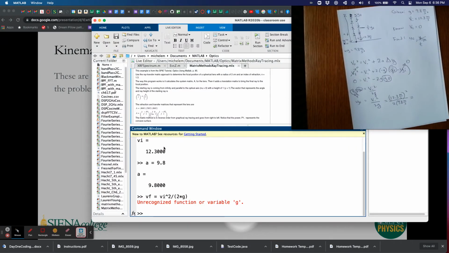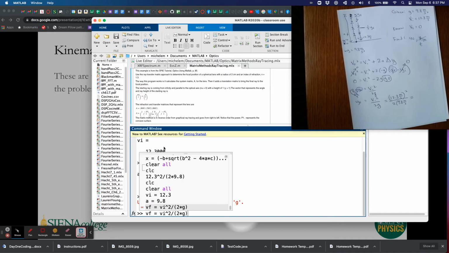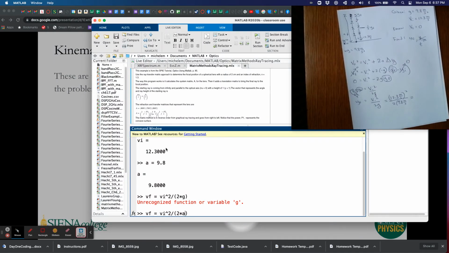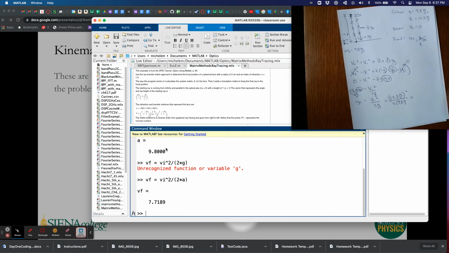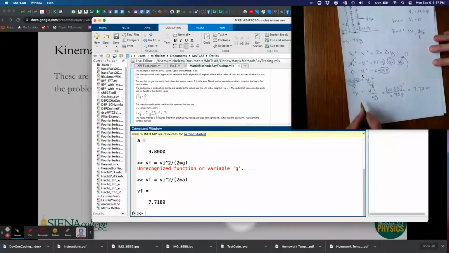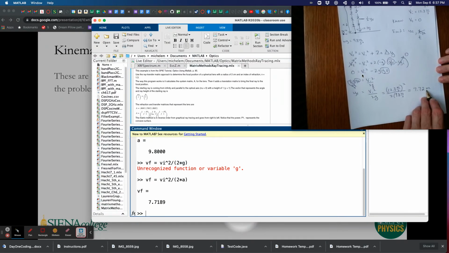And I get, right, I used G instead of A. So I'm just going to fix that, make that A. And I get 7.72. So y final is 7.72 meters. See that over here? Okay, and so this is my answer, my y final. I'm looking for y final 7.72.